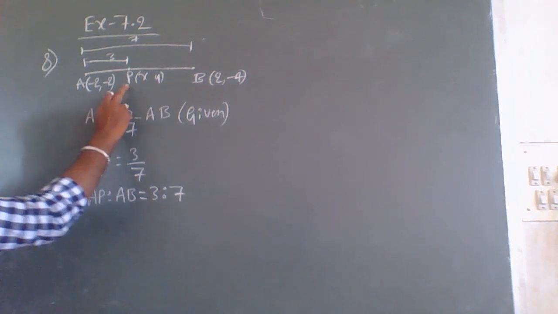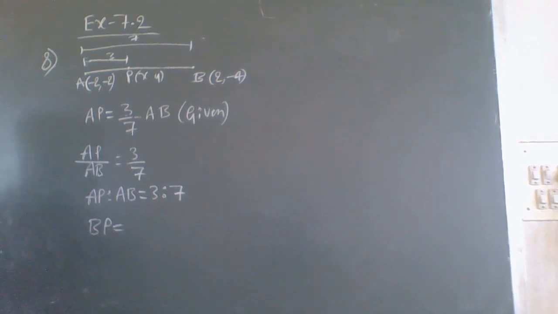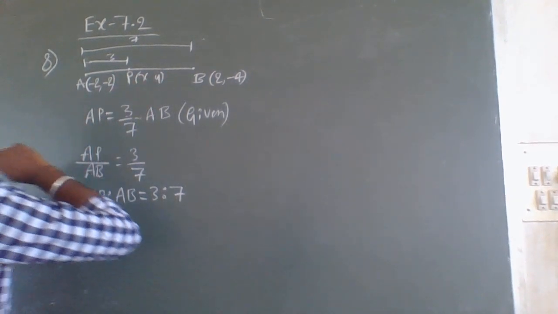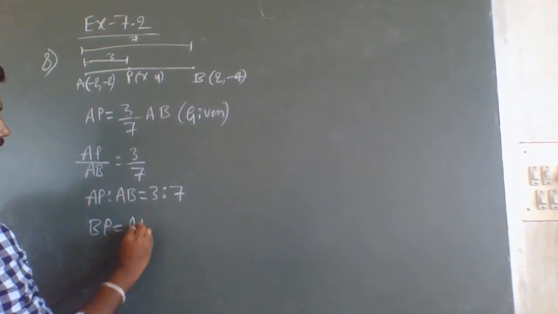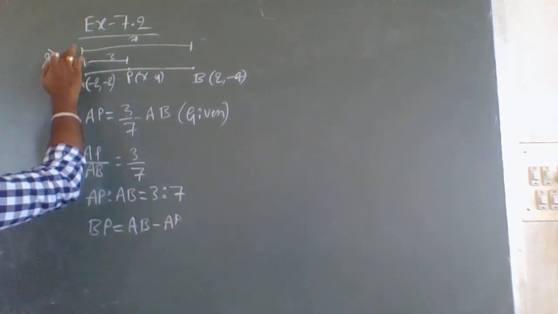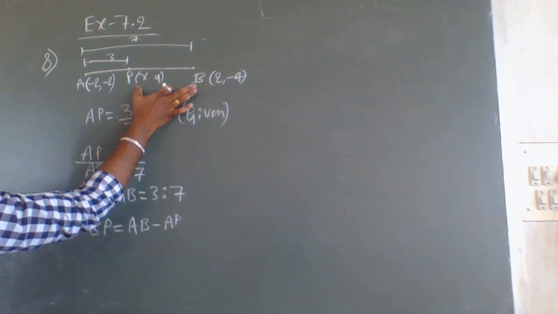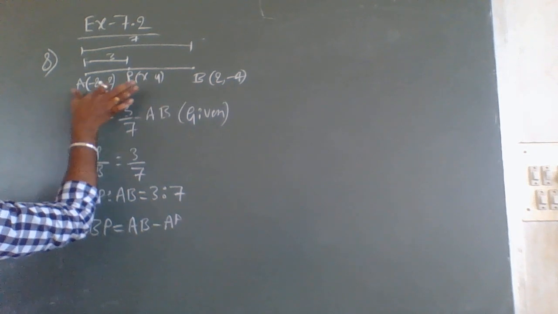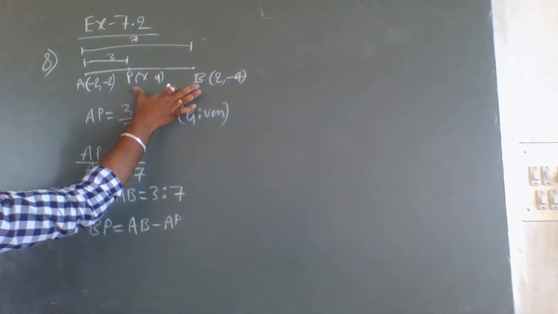So now how to calculate this BP value? BP equals full length AB minus AP. Here full length minus AP means what we get? This remaining part BP.